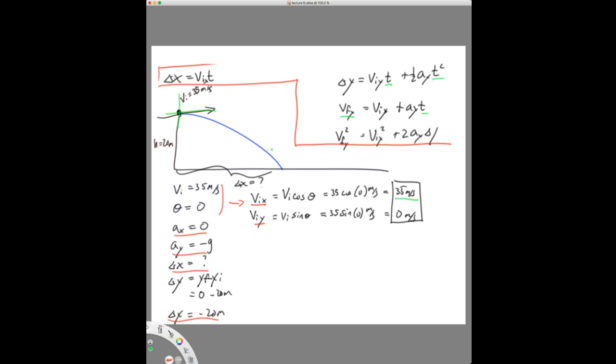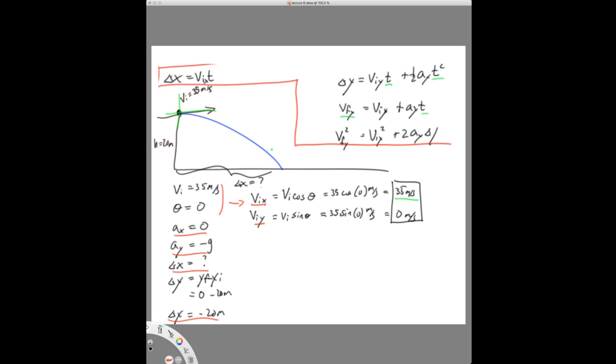Now, let's try to solve for delta X. Look how easy this is going to be once we've translated. How many equations do we have that have delta X in them? One. This is a softball. It's an easy one.